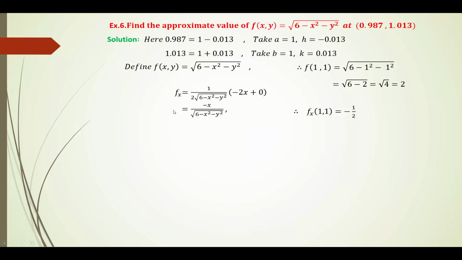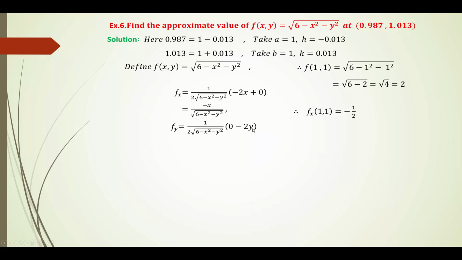Similarly, find fy, the partial derivative of f with respect to y. The derivative of the square root is again 1 upon 2 into square root of 6 minus x square minus y square, and the derivative of 6 is 0. The derivative of x square with respect to y is 0. The derivative of y square is 2y.